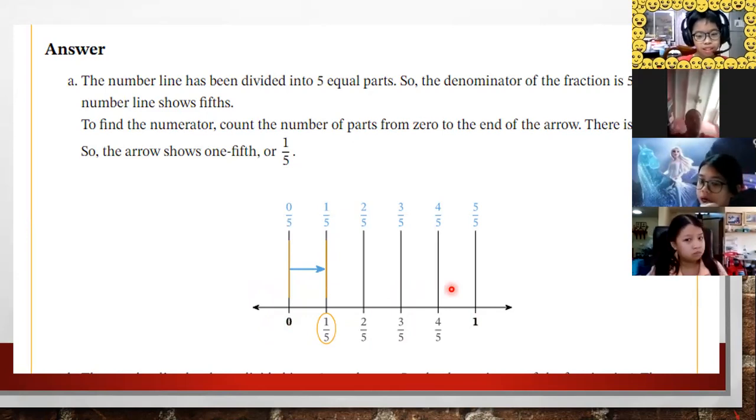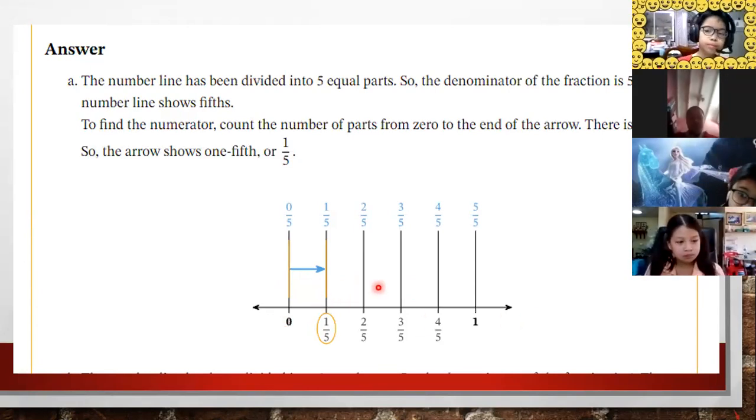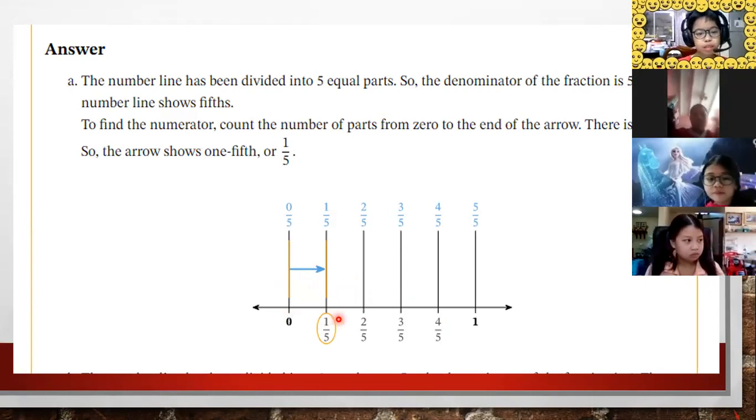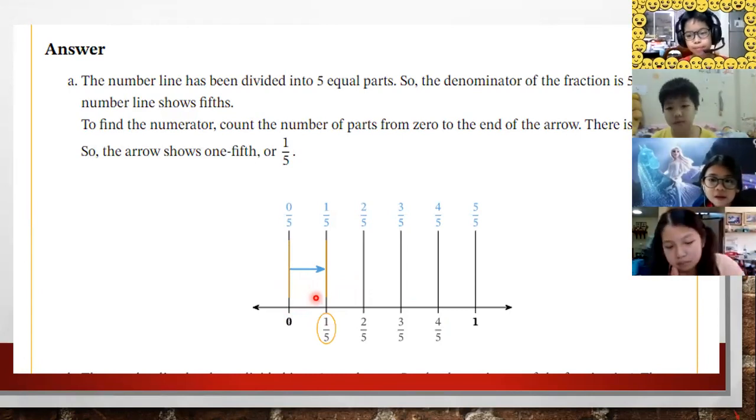What is the answer? You see this 0 to 1? How many equal parts? Louder. 5. Okay. This is divided into 5 equal parts.